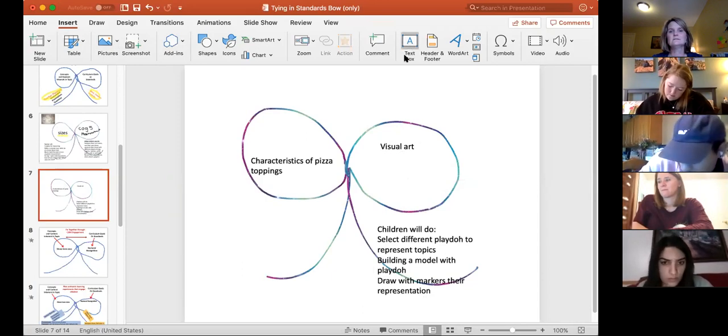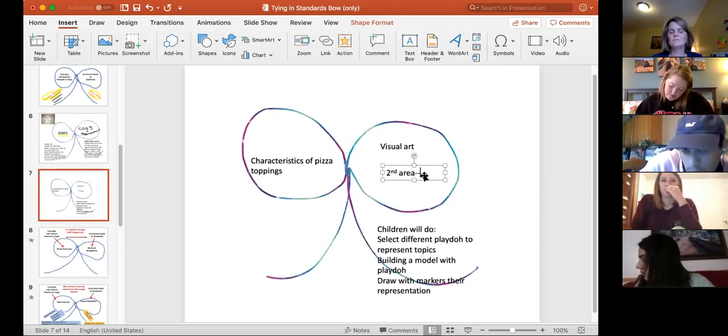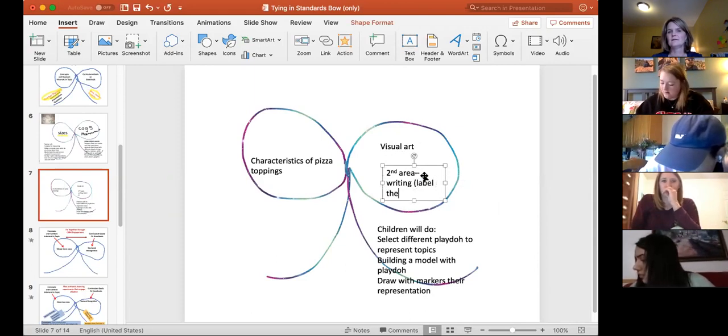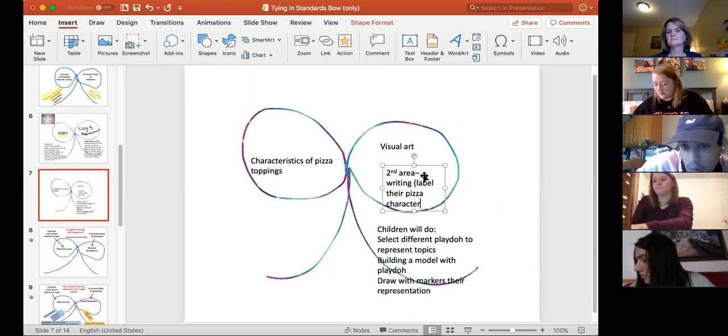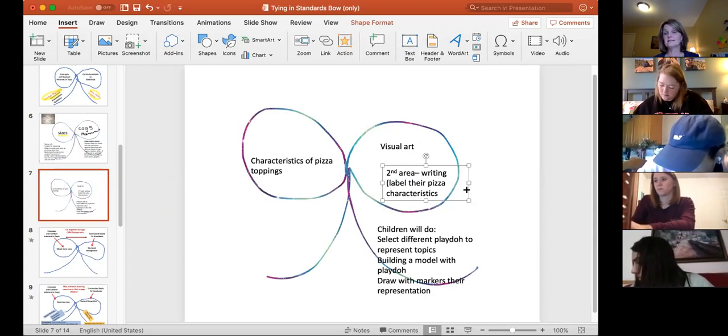This is a little particular today. The second area would be writing, where I'm going to have them label their pizza characteristics. So eventually, you are going to select 2 goals. You'll have your primary area and then your secondary area.